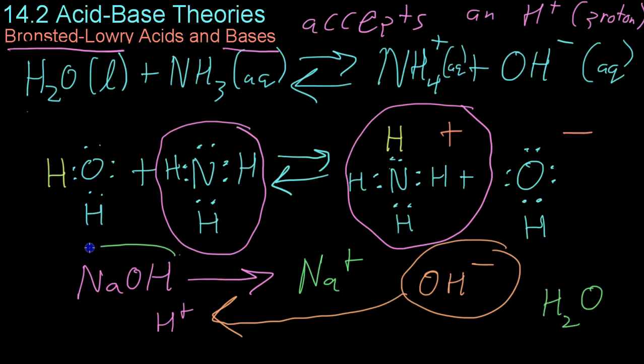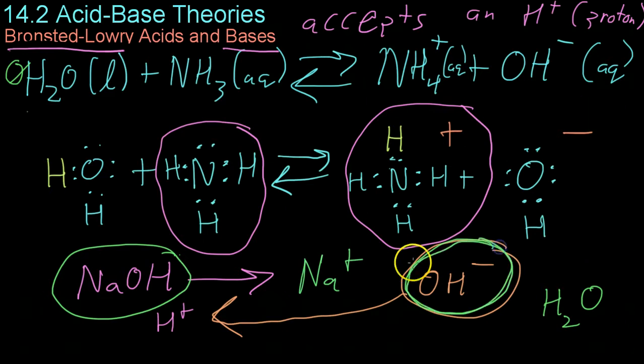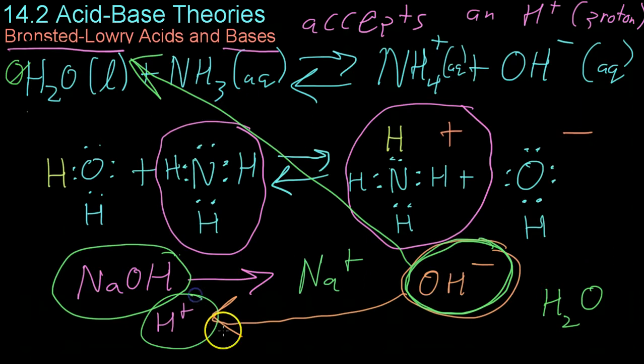So sodium hydroxide, NaOH, strictly speaking, would not be a Bronsted-Lowry base. However, the OH ion that it gives off right here would indeed be a Bronsted-Lowry base because it accepts the lone proton to become neutral water.